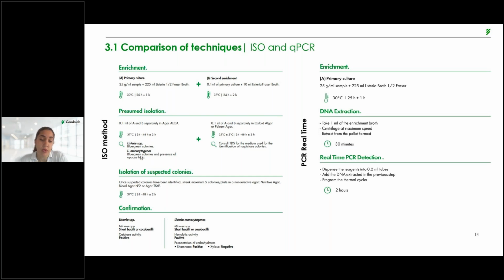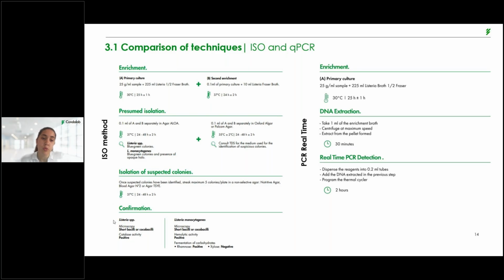And then if we can see these colonies, we will move to the isolation of the suspected colonies, in this case in a non-selective media or non-selective agar, as can be a nutritive agar or blood agar number 2. And also leave it there from 24 to 48 hours.